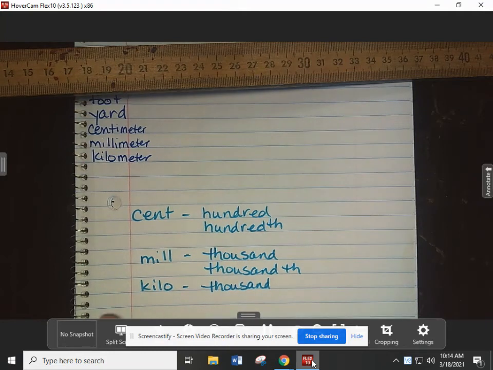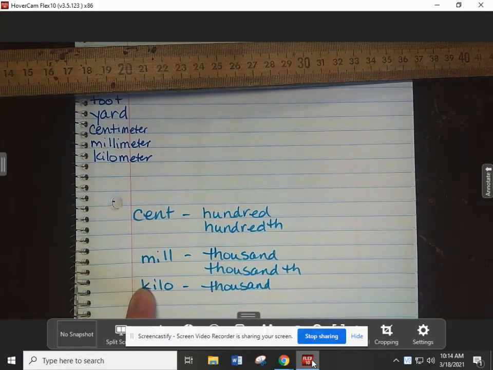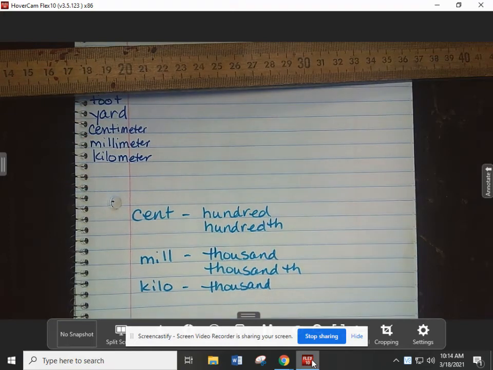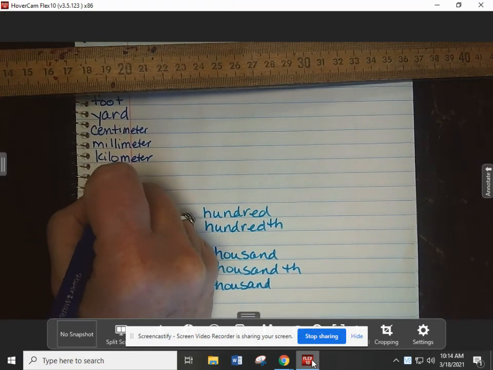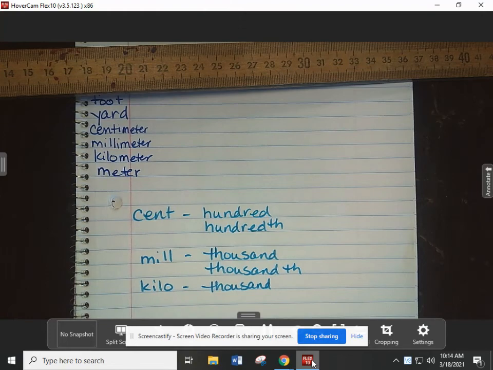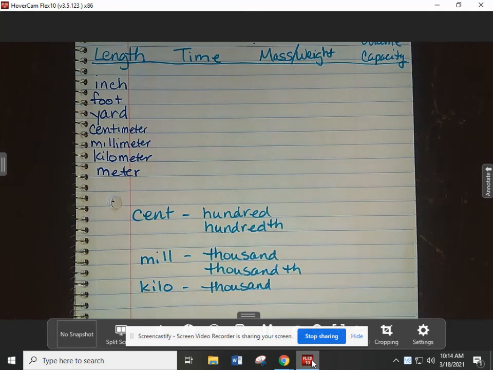To have a kilometer, we need 1,000 meters. And so we need our other word, meter. Meter is our standardized term in the metric system.